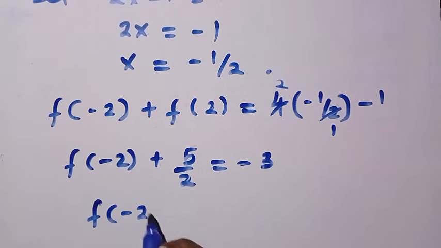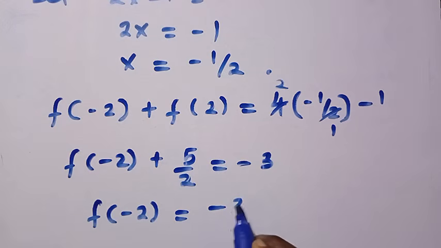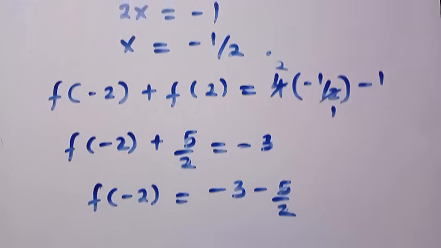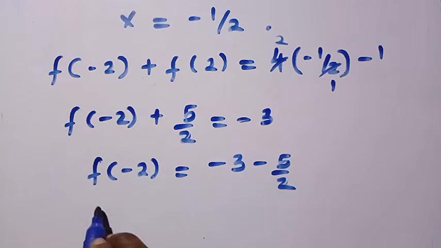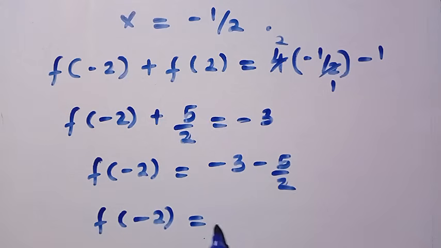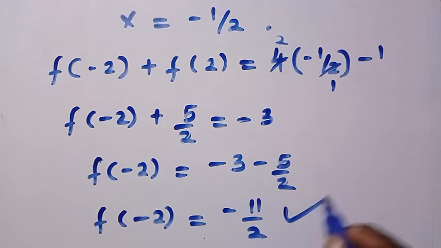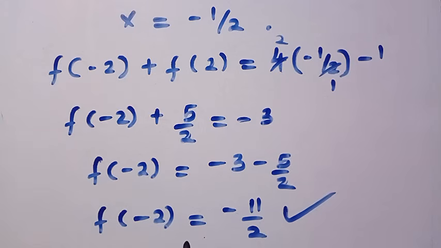Therefore, f of minus 2 equals minus 3 minus 5 divided by 2, so f of minus 2 equals minus 11 divided by 2. This is correct for f of minus 2, and this is the first method of solving this. Let's solve this in another method and compare the first method and the second method, then the last method, and see the one that is very easy to use.